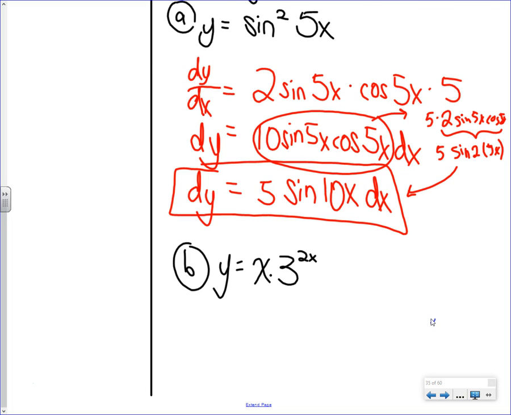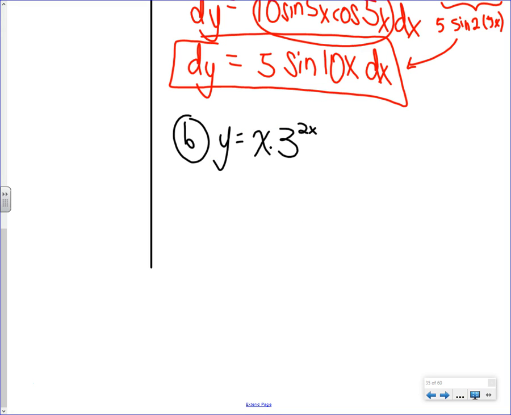How about this one? You guys see how I gave you tricky derivatives to do? It's b to the u, so it's a product. It's second, d first.